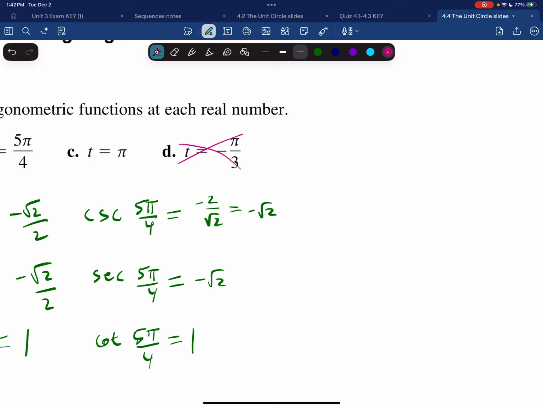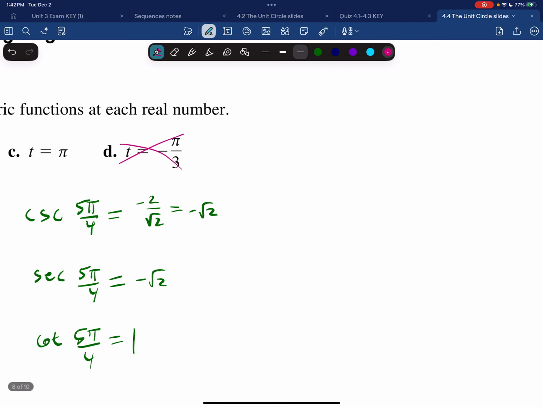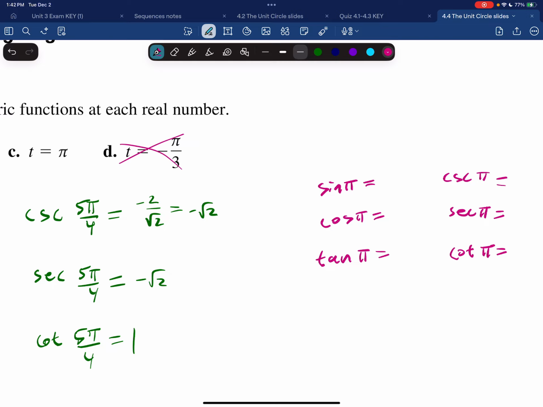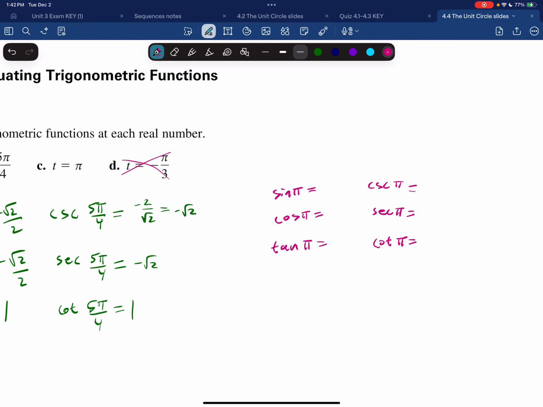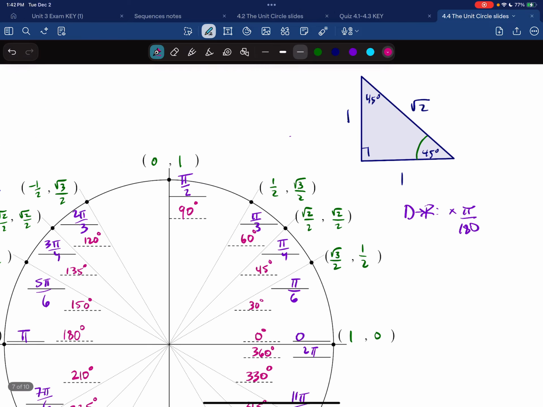Let's do a quadrantal angle, so we'll do sine of pi, cosine of pi, tangent of pi, and then we'll have cosecant pi, secant pi, cotangent pi. All right. So again, we're just going to our unit circle.